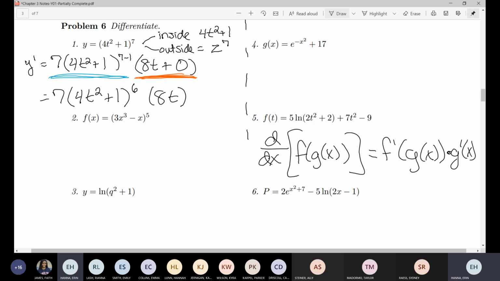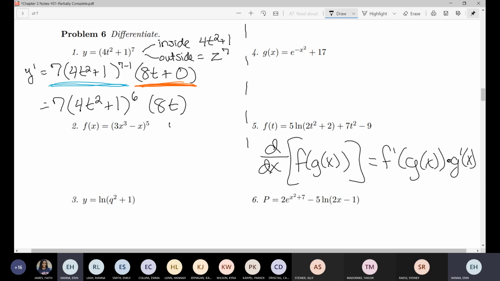All right, so number 2. As I already said to her, this outside function is essentially something to a power. This is essentially some y equals something to the 5th. If I want to take its derivative, the chain rule says I have to take the derivative of that outside function first. So if I have something to a power, I use my power rule first. I bring the power down, I subtract 1 from the power, and I'm going to jump to the actual numerical answer.